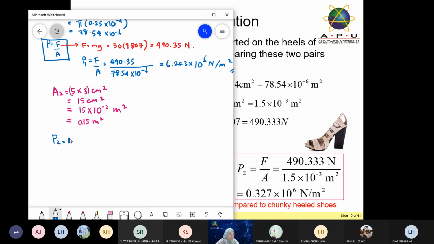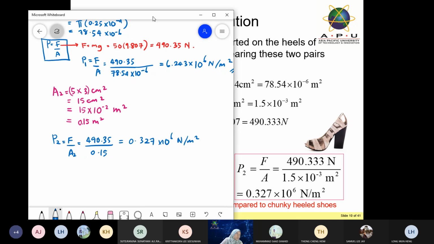P2 equal to F per A2. F for 490.35 divide by this 0.15. 0.327 times 10 to the power of 6 Newton per meter square.